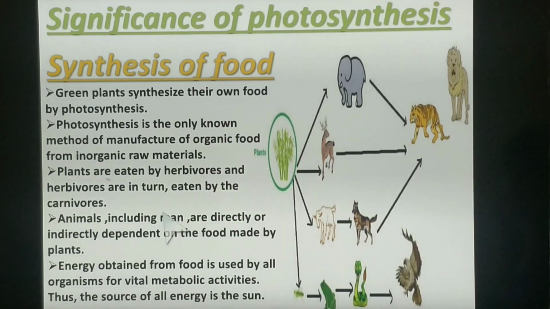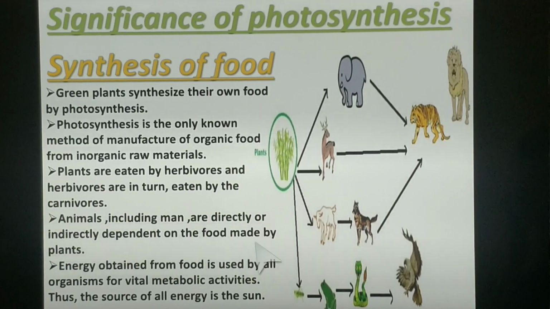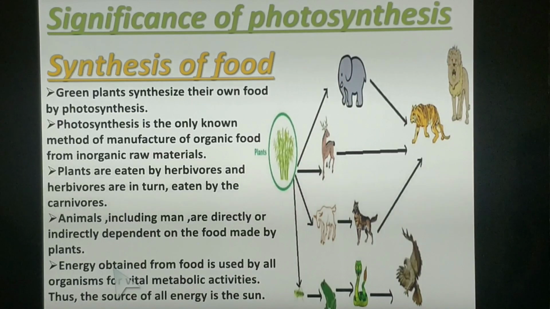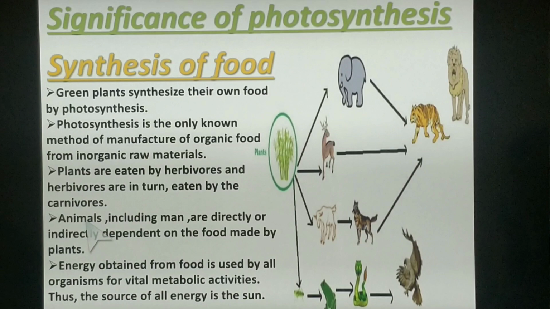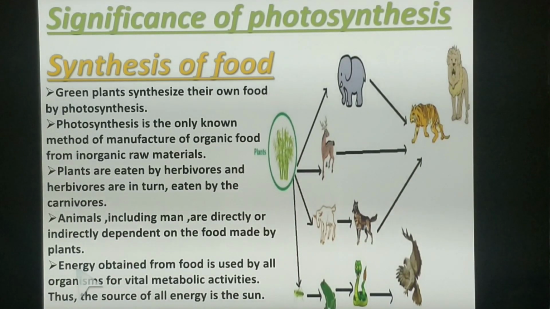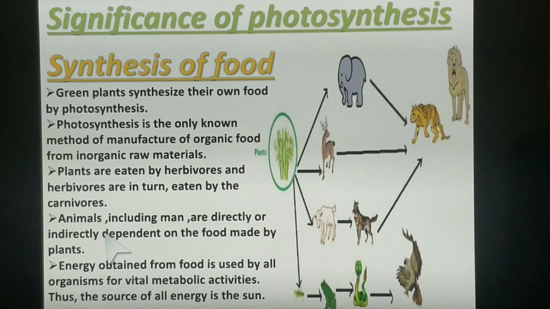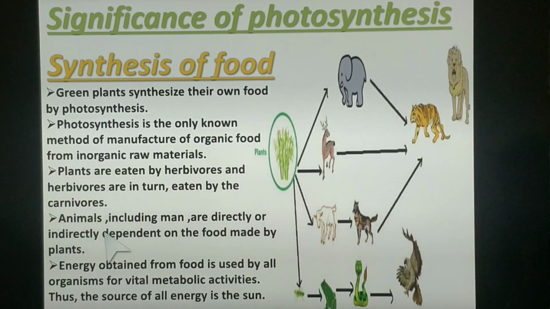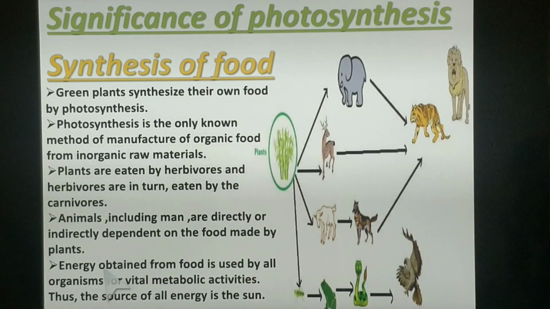Animals, including man, are directly or indirectly dependent on the food made by plants. Directly dependent means when we eat plant or plant parts, then we are directly dependent on plants. But when we are non-vegetarian, when we eat the flesh of goat, etc., then we are indirectly feeding upon the plants.